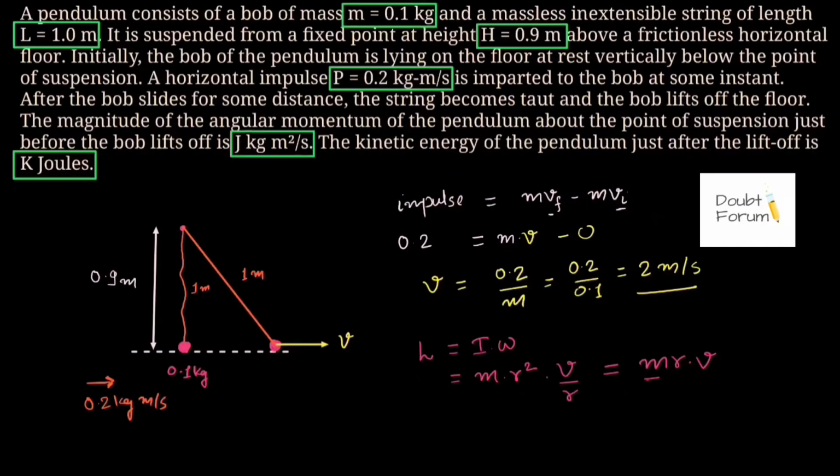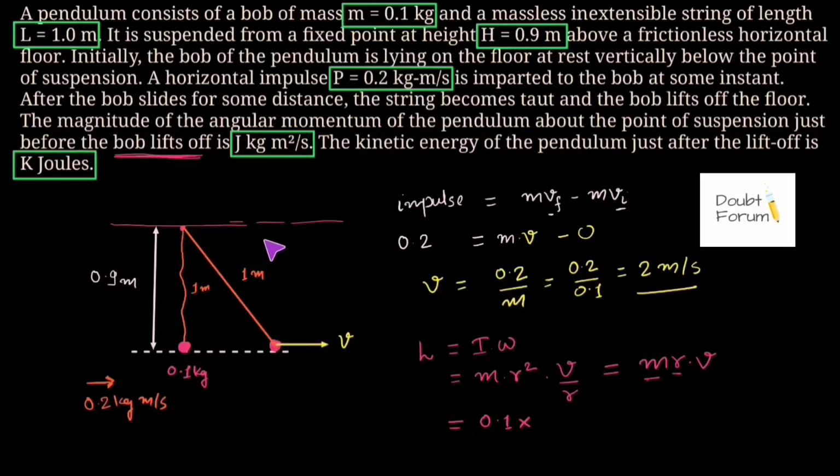As we can see in the question, we are asked to find the angular momentum just before the bob lifts off the floor. So this is very important. In this formula, the value of m is 0.1 kilogram. R is the perpendicular distance. Here this perpendicular distance would be equal to 0.9, because this is the axis of rotation and this is the bob.